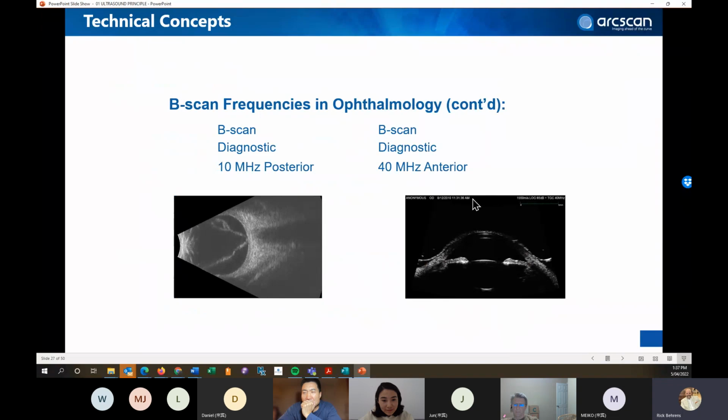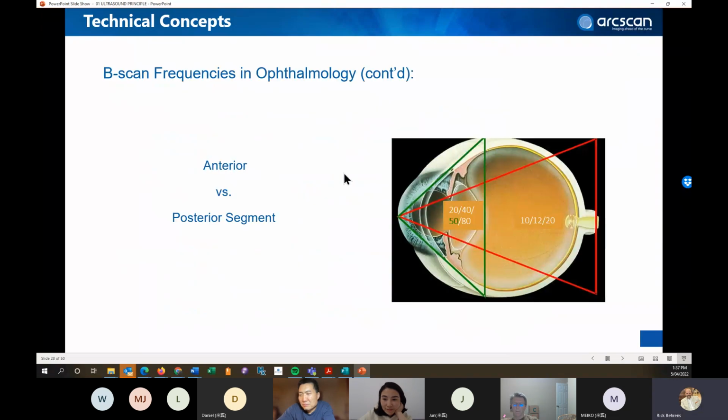We're looking for an image that allows us to see the anterior segment of the eye. We cannot reach the posterior, and the reason is that we have too high a resolution. We cannot go that deep. So we're working on 50.